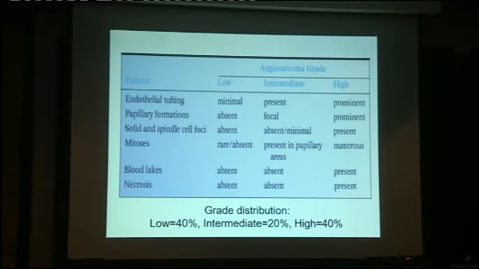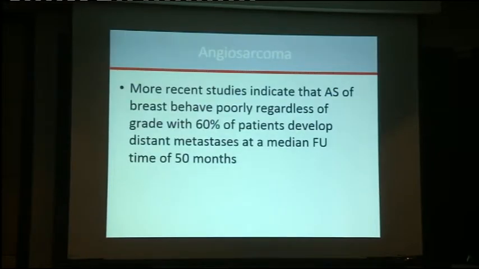And if you use any of the published criteria, usually the grade distribution is pretty evenly spread between low-grade and high-grade lesions, and intermediate-grade lesions are usually the least common type. But again, these lesions show significant variation from one area to another. So you have to make sure that you did the evaluation extensively so the grading reflects the entire tumor.